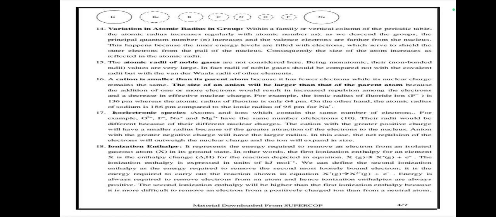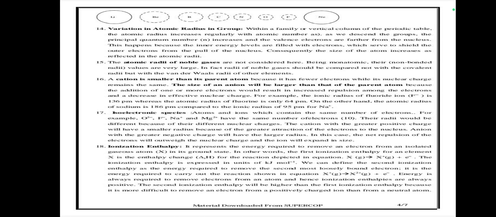Next point, isoelectronic species. Atoms and ions which contain the same number of electrons, for example O2-, F-, Na+, Mg2+, have the same number of electrons, 10. Their radii would be different because of their different nuclear charges.